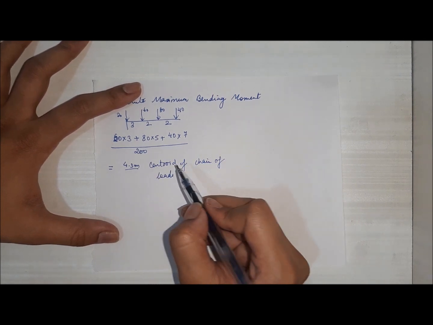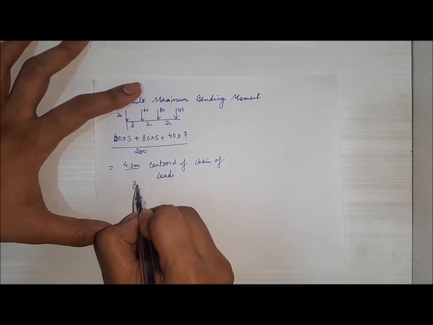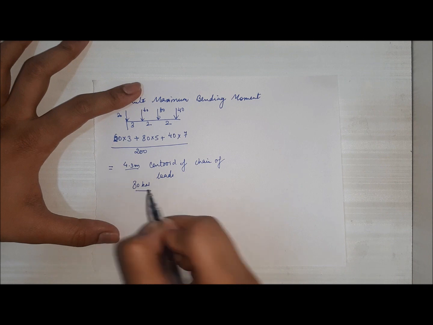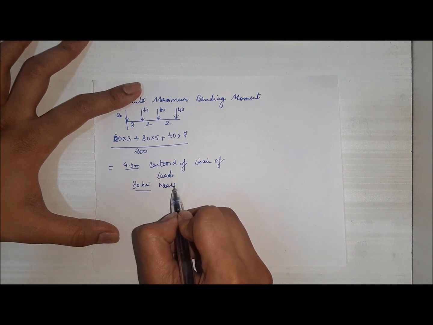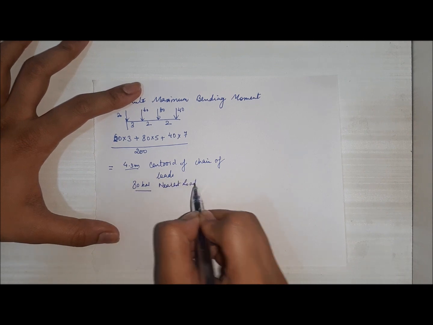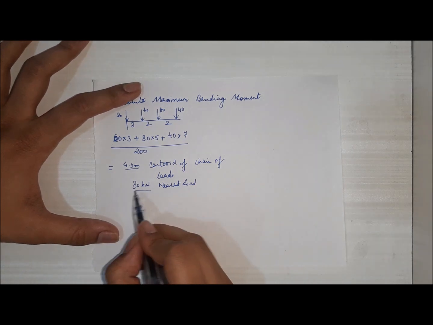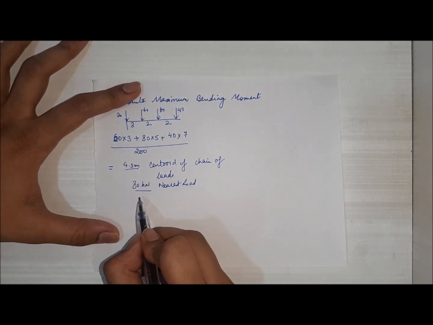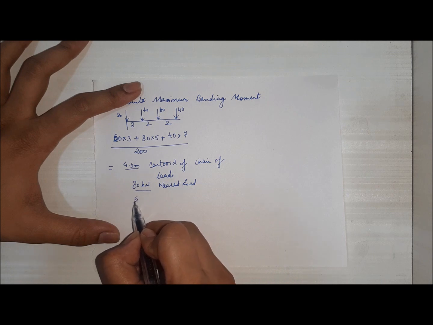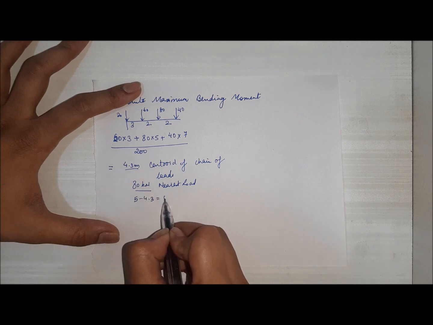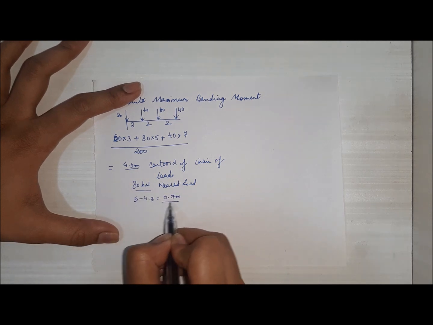Now 4.3 lies nearer to the 80 kilonewton load. The nearest load is the 80 kilonewton load. The distance at which the 80 kilonewton load lies from the centroid is 5 minus 4.3, that is 0.7 meter.